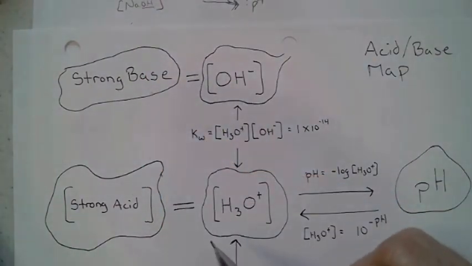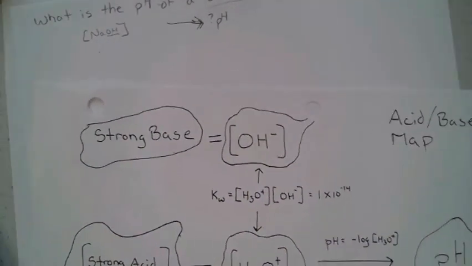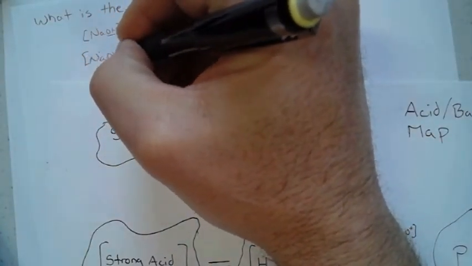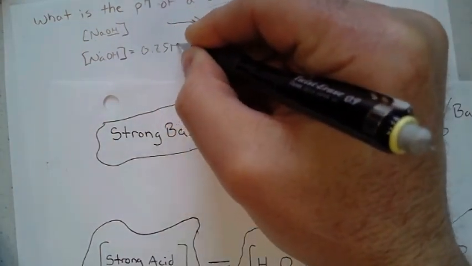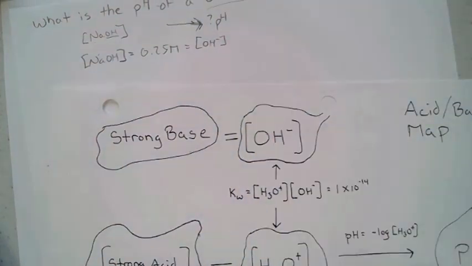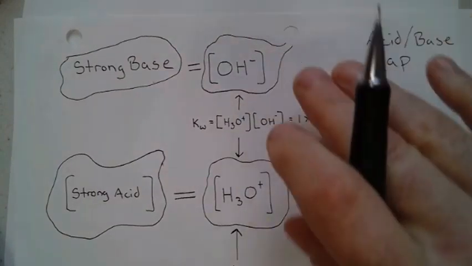Therefore, these two are going to be equal to each other. So the concentration of NaOH, which is 0.25 molar, is going to be the concentration of OH negative. So there's my first step. I now have the concentration of OH negative.